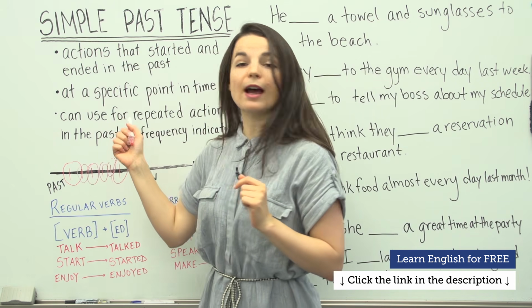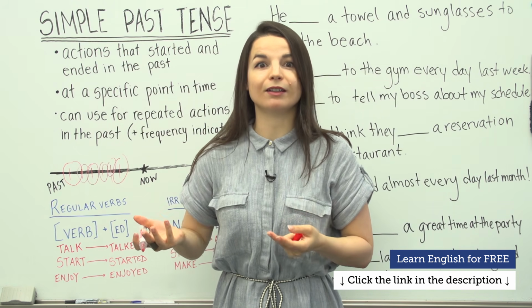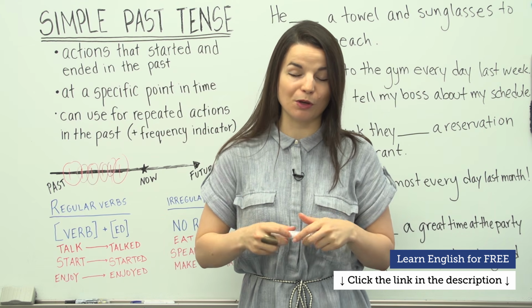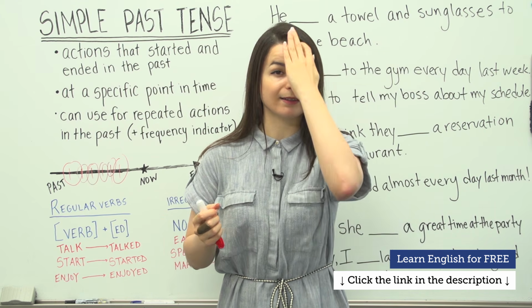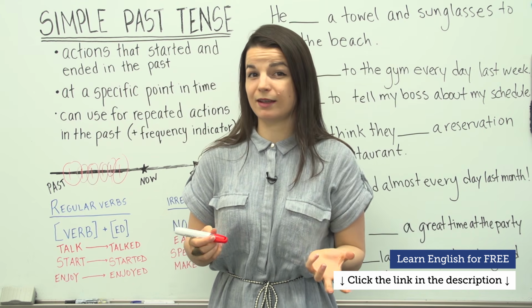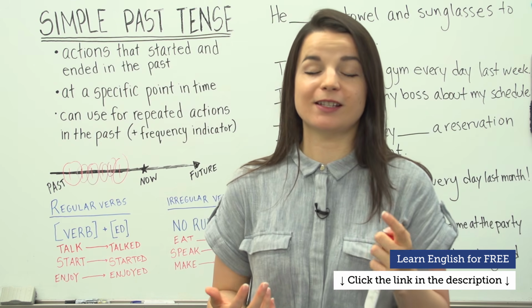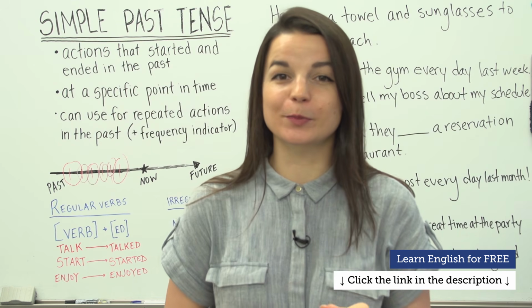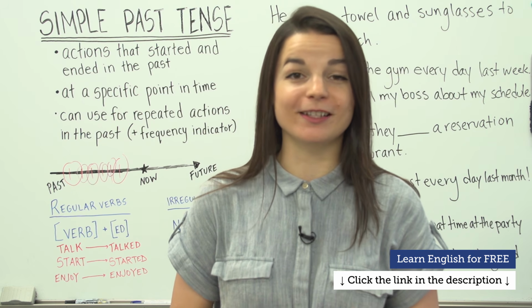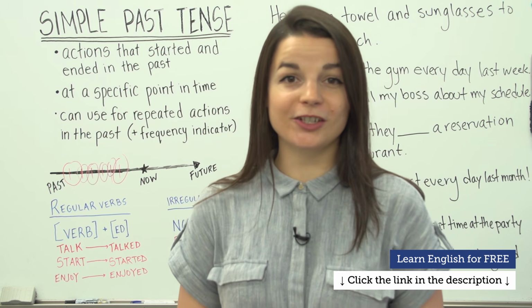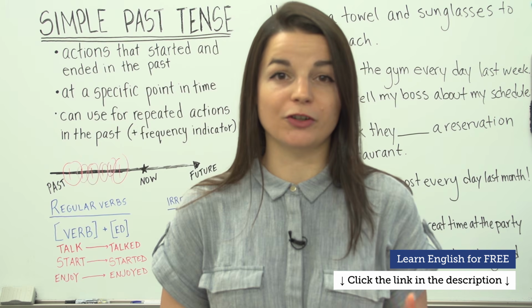Okay, so now we know when we should use simple past tense. We know why we should use simple past tense, but how do we make simple past tense statements? So when you want to use the simple past tense to explain an action that happened in the past, you need to conjugate your verb. You need to change your verb.